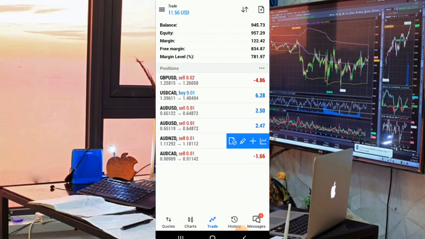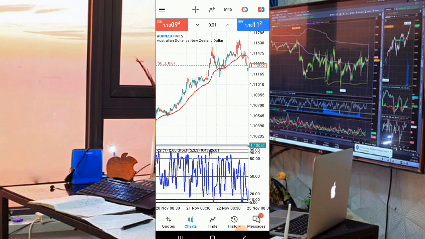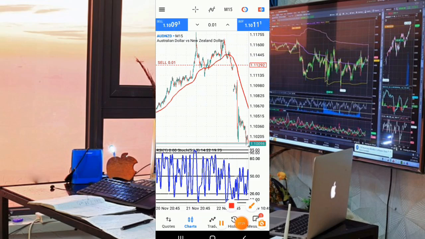Let's take this one. So let's go for ADNZD. As we said, we mark the top and we mark the bottom. So our main points are just above the 80 line level and below the 20 line level. And then we just watch the moving average.